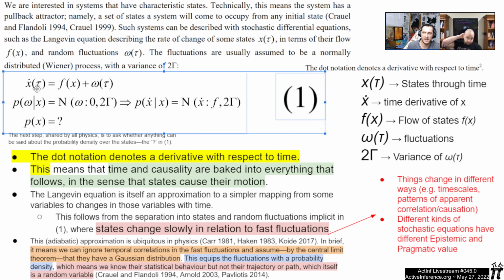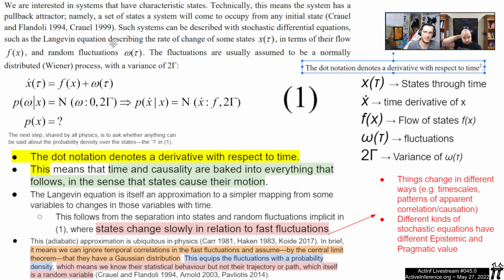So x are the states, tau is the time, and the dot notation is the derivative with respect to time. So how states are changing is equal to their flow, f of x, f for flow, and random fluctuations, omega. So like a signal and a noise term: there's the flow, the ocean current, and then there's the vibration that isn't the directed flow.